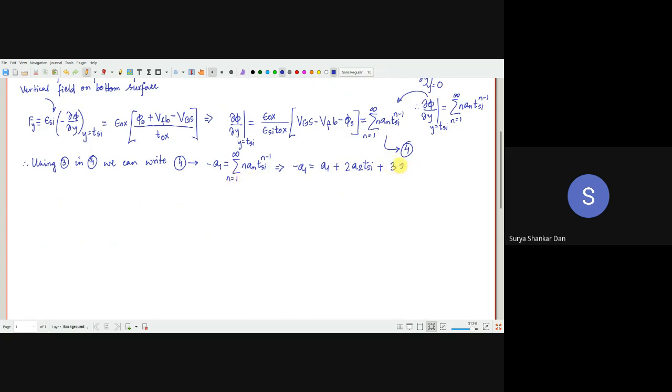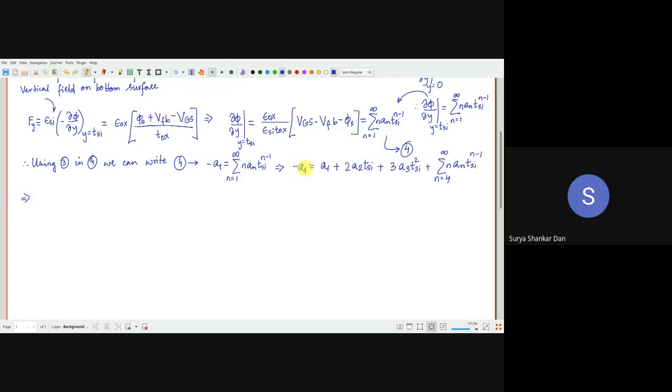So 3 A3 tsi, 3 minus 1, that is 2, plus summation of n is equal to 4 to infinity n a n tsi to the power of n minus 1. Okay, so what is the advantage of writing like this?